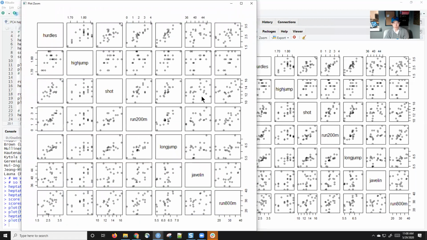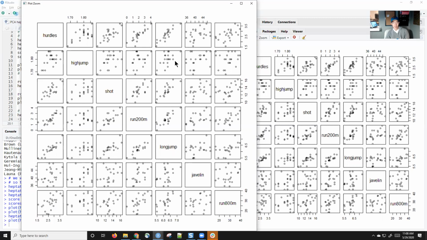And some of these things have high correlation, like the 200-meter run and the long jump. Very high correlation there, okay? Other things don't have as much correlation, like the javelin throw and the 800-meter run. So that's something interesting to note.